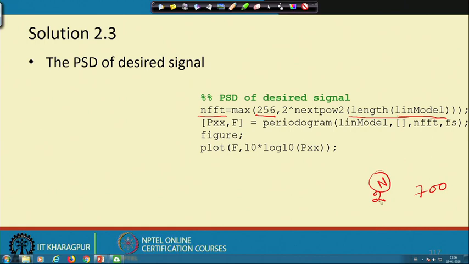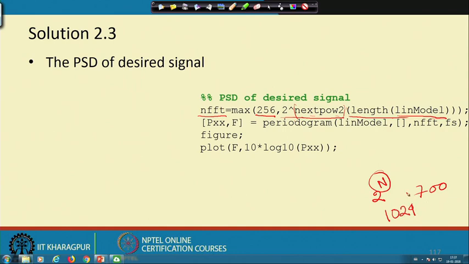So, here we use this command 2 to the power nextpow2. This will give us the power, the number which is just bigger than 700, the least such number, which is 1024.